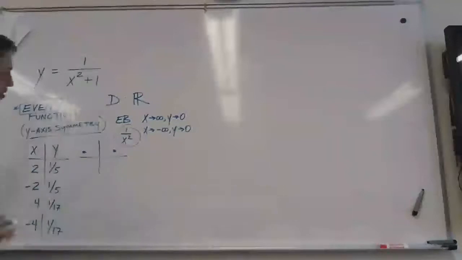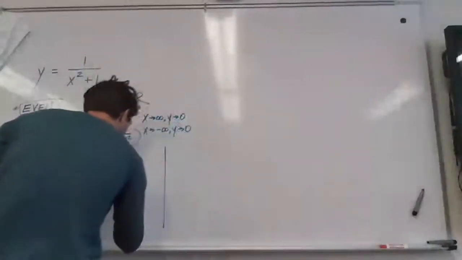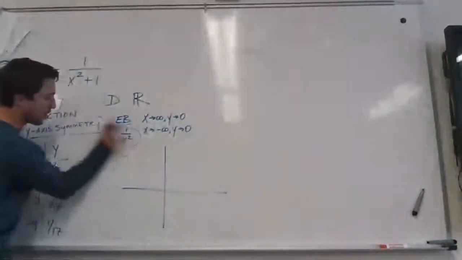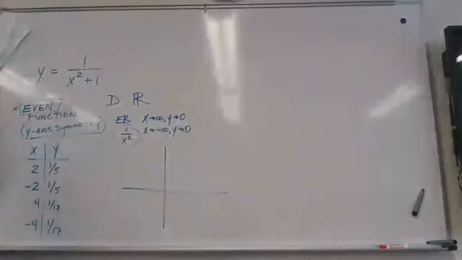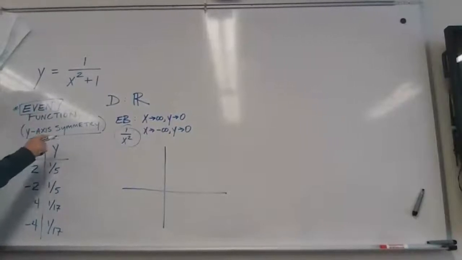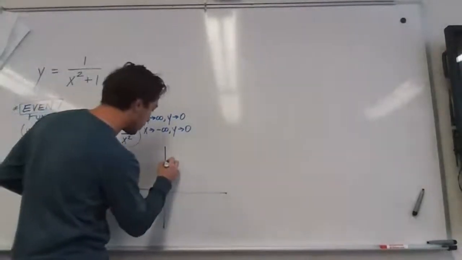All right, let's graph it. This is one of my favorite functions. I may be missing one really good piece of information that's always easy to get on these kinds of things: the y-intercept. What's the y-intercept of this? 0, 1.